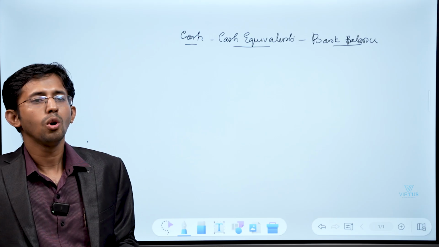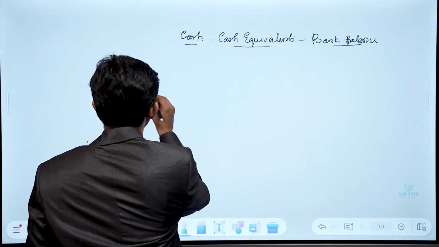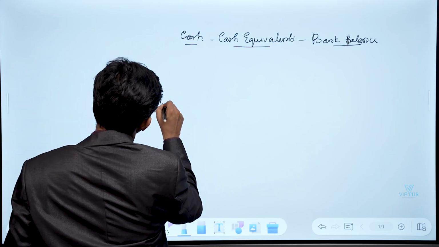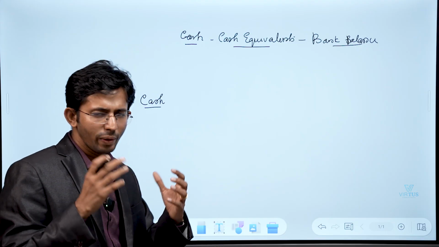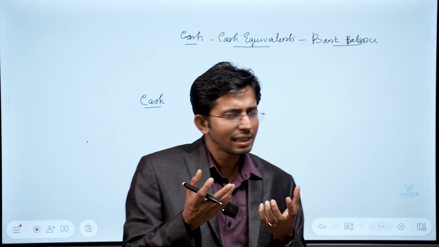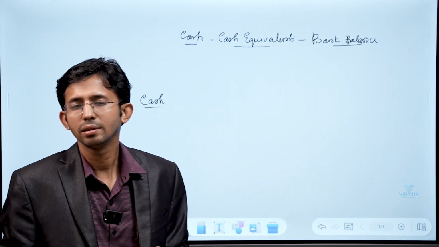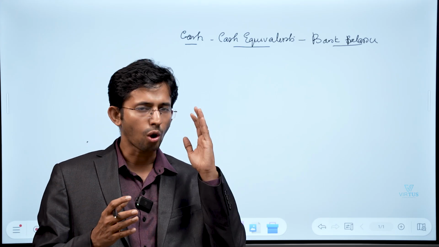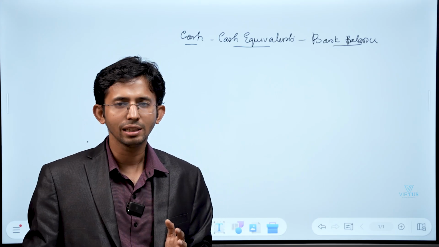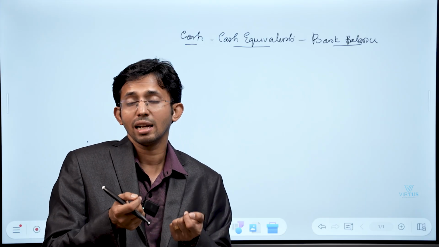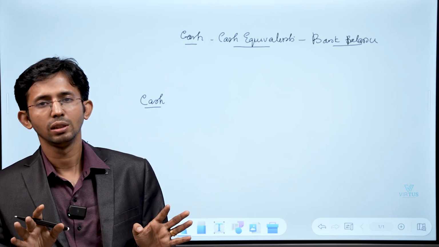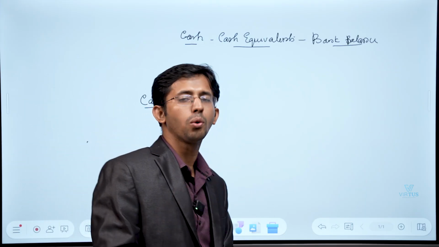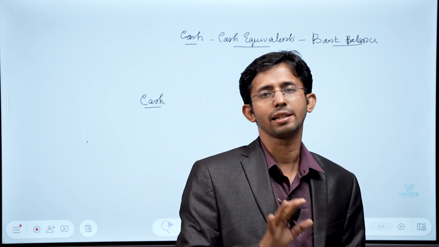So what do you mean by cash? When you talk about cash, is it the currency in hand alone? Most students think that for the purpose of Schedule 3, cash is just the currency on hand. No. Currency on hand, of course, is cash.